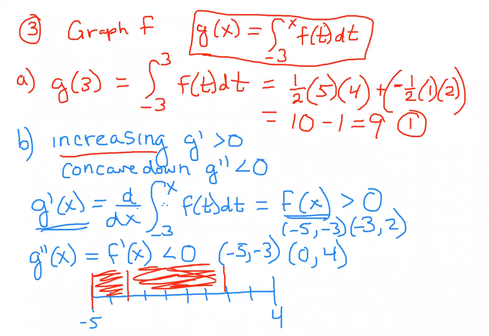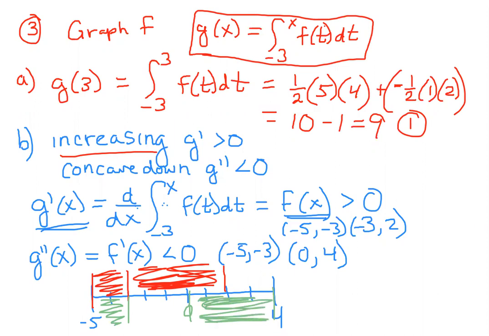All right, that's where it's increasing. It is concave down from -5 to -3, and from 0 to 4.